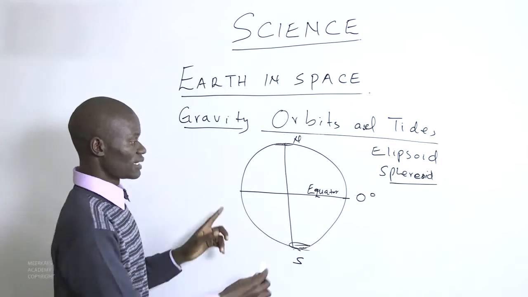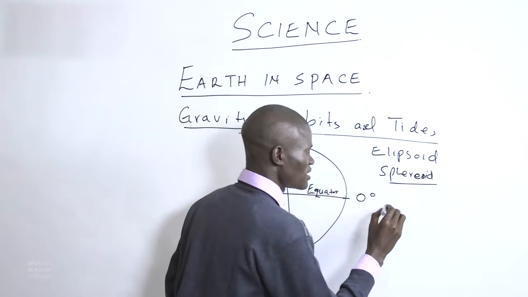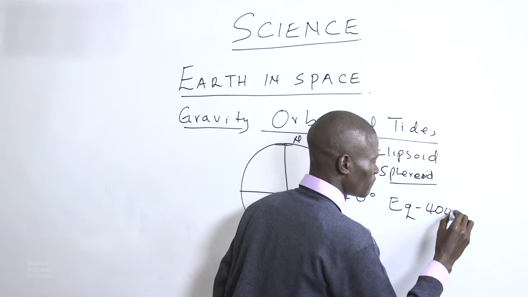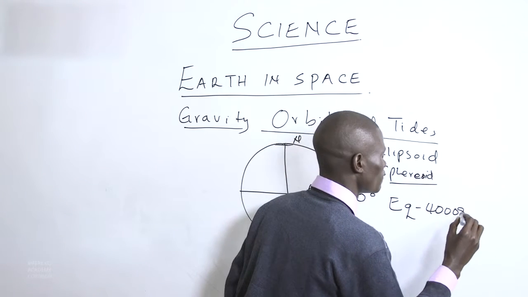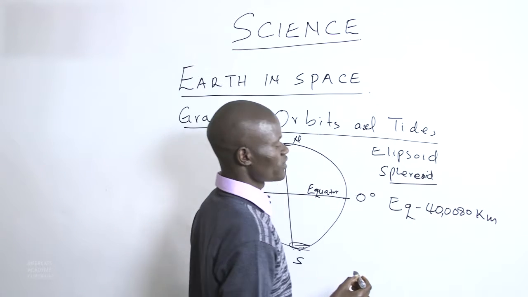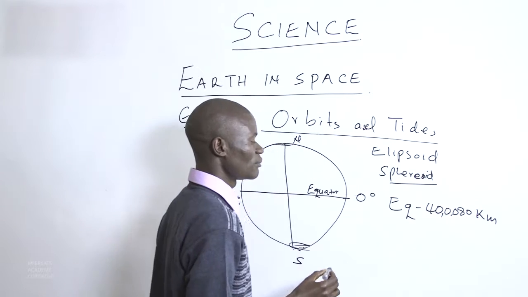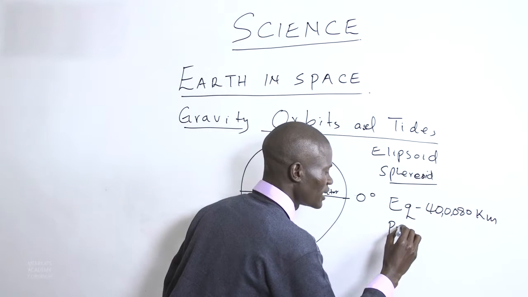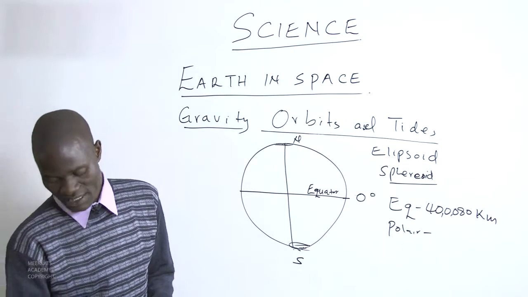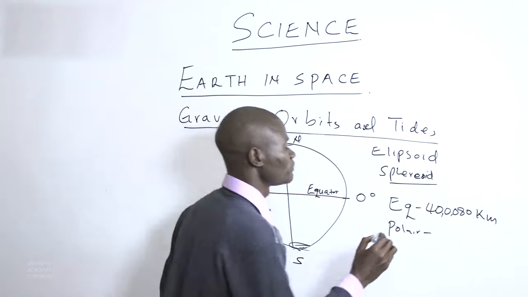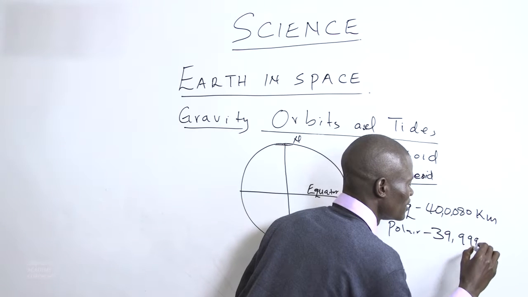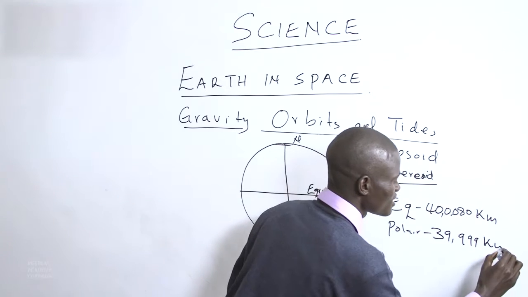Now, the equatorial distance is about 40,080 kilometers, while the polar distance of the Earth is 39,999 kilometers.